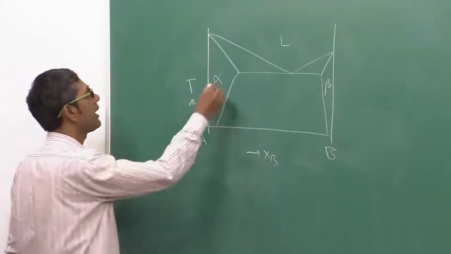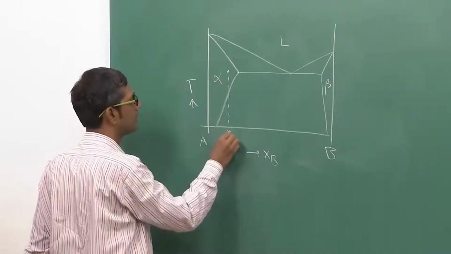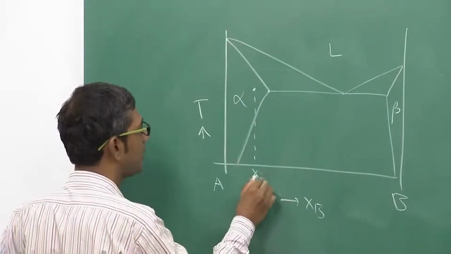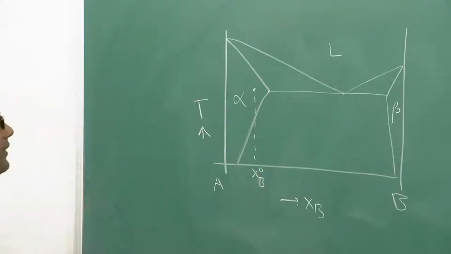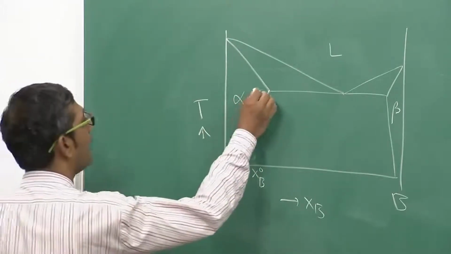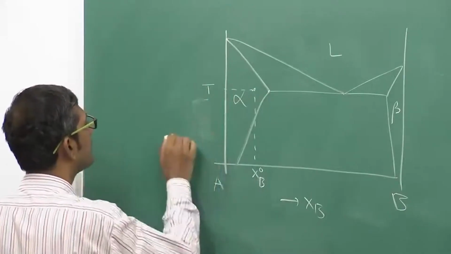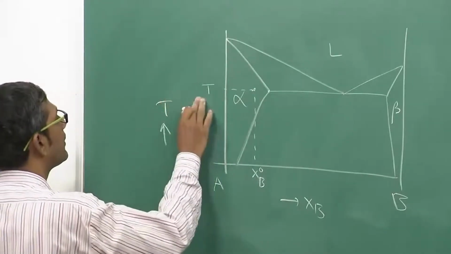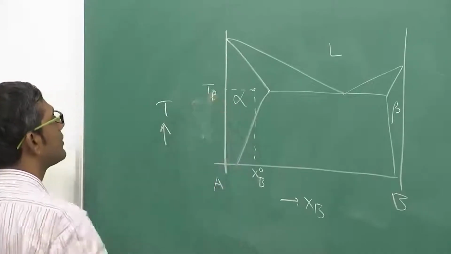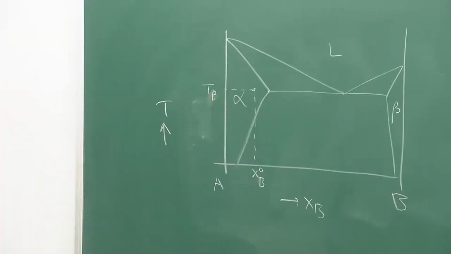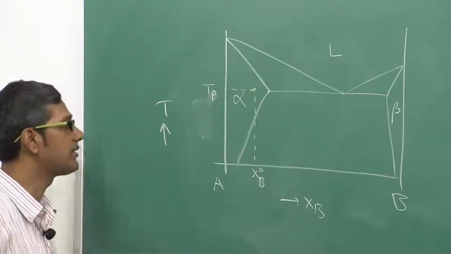Now suppose I have an alloy composition given by this, let us say the composition of the alloy is X_B0. If I take this alloy and heat it up to a temperature T_P, it is a single solid solution alpha phase at this temperature.